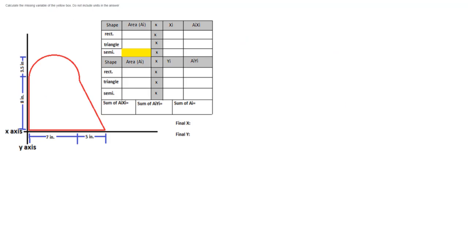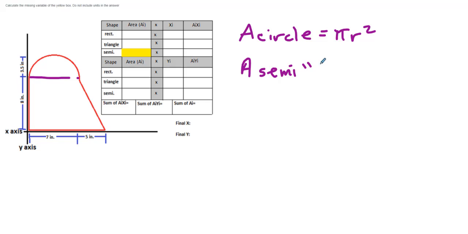Next. Okay, so on the next problem, it says find the area of the semicircle. So the semicircle has a radius of 3.5. So to find the area of a circle, pi r squared. To find the area of a semicircle, it is 1/2 pi r squared.